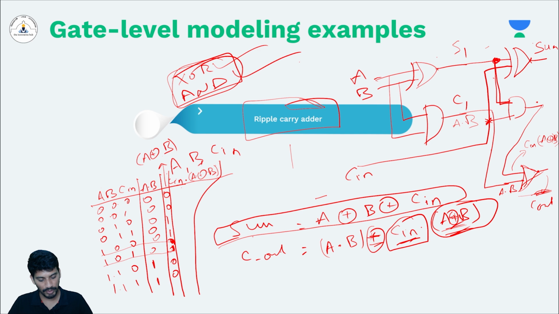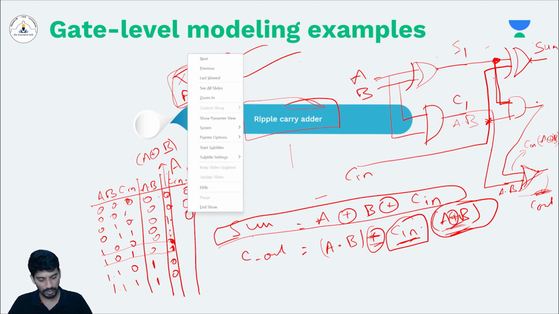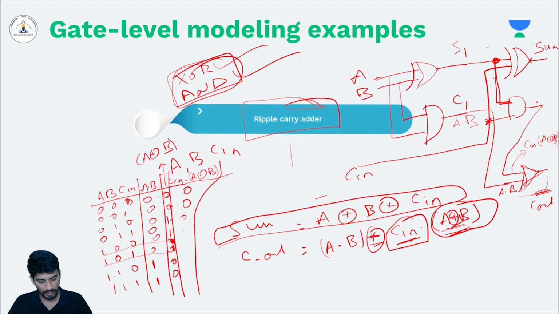So Cin into A XOR B: 0 into 0 will be 0, 1 into 0 will be 0, 0 into 1 will be again 0, 1 into 1 will be 1, 0 into 1 will be 0, 1 into 1 will be 1, right? And 0 into 0, 0, 1 into 0, 0. So the two things are this A dot B, the first term, and the second term, Cin into A XOR B.